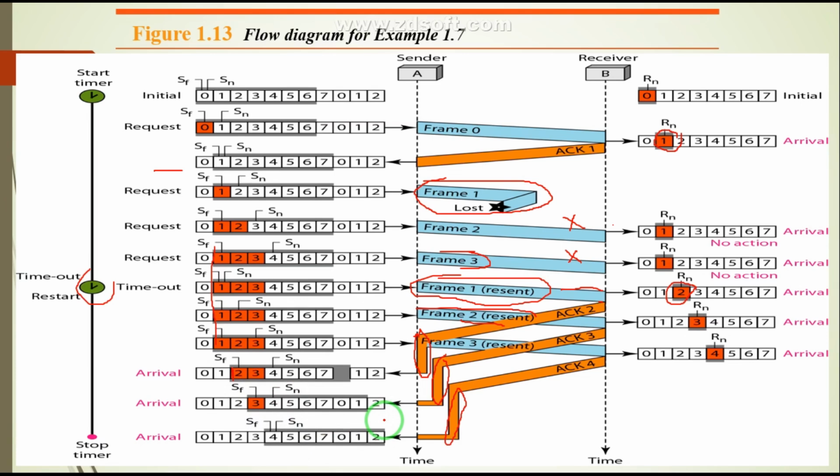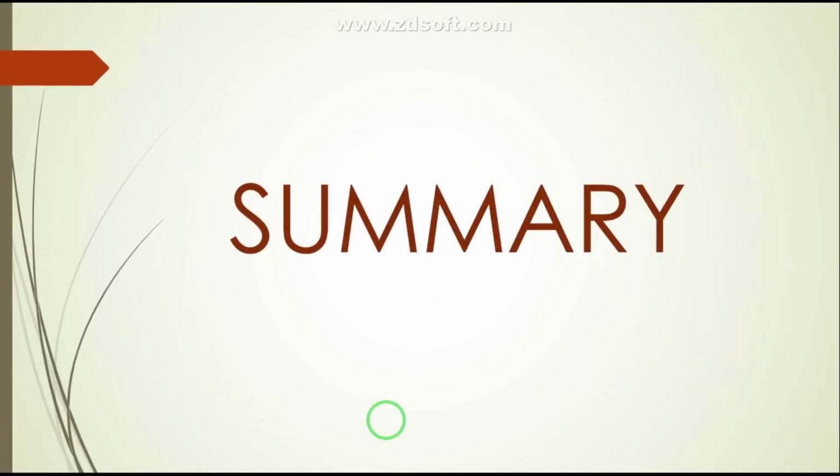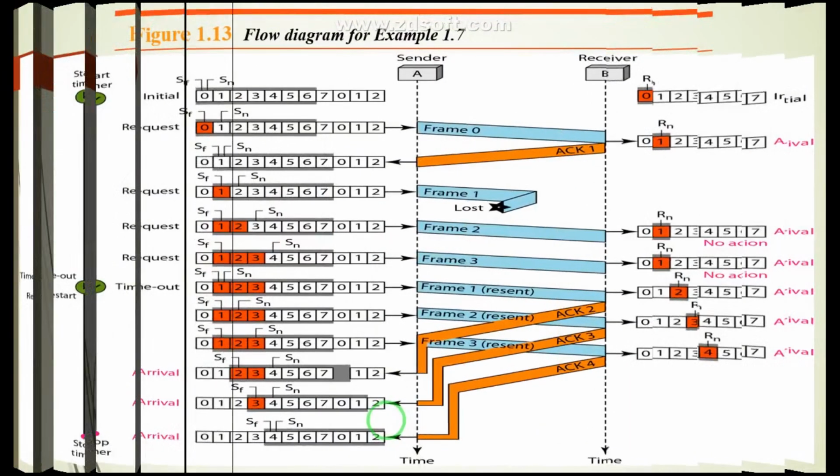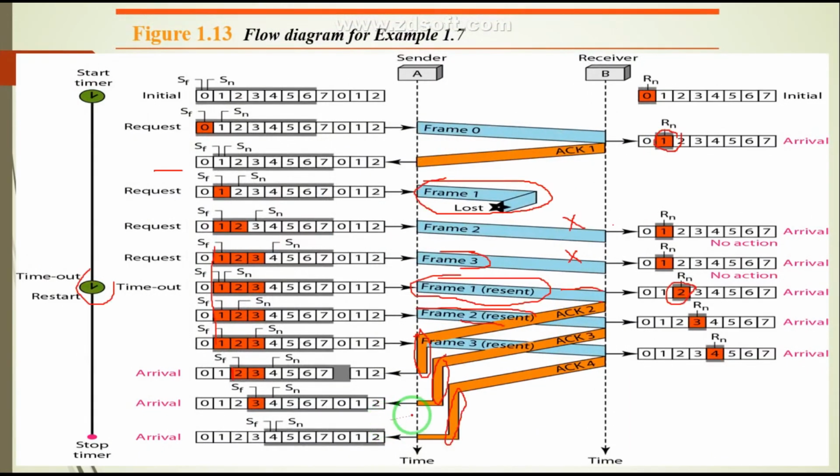Hopefully we have covered all the scenarios that could be possible in Go-Back-N ARQ. Now you understood why we call it Go-Back-N ARQ: it goes back and resends the frames, because the receiver is not going to accept those frames until it receives them in proper sequence, proper order.